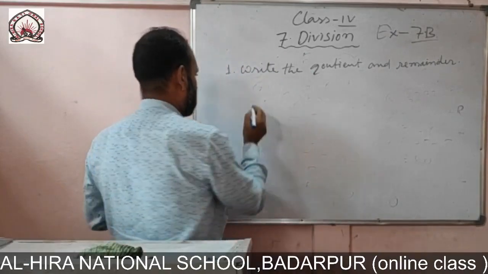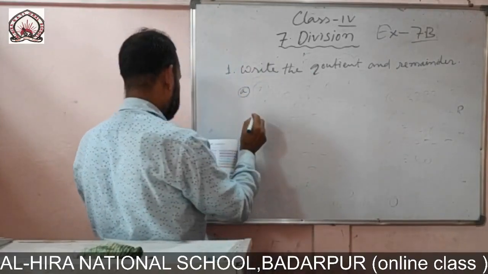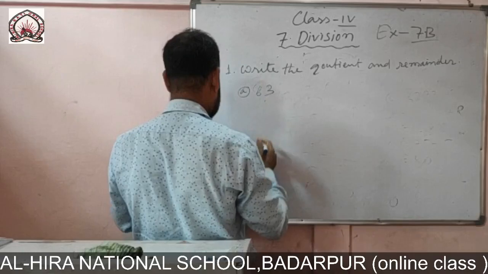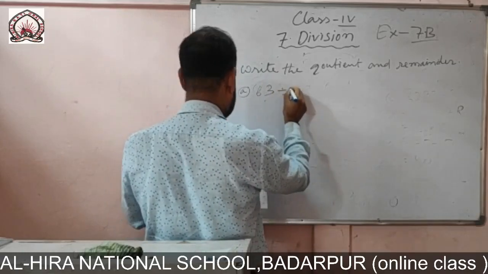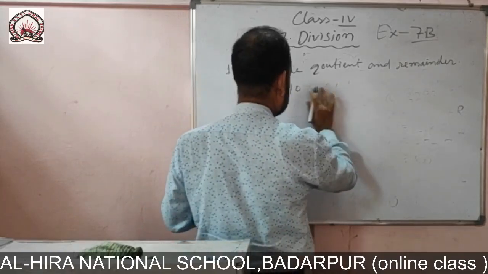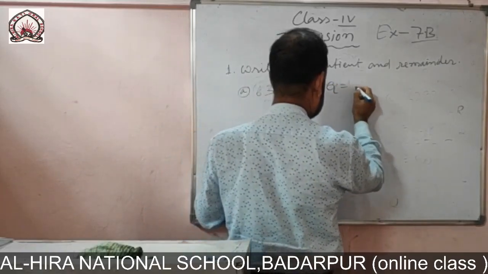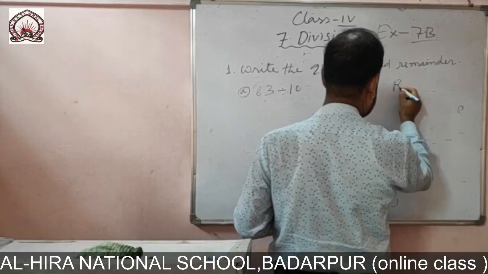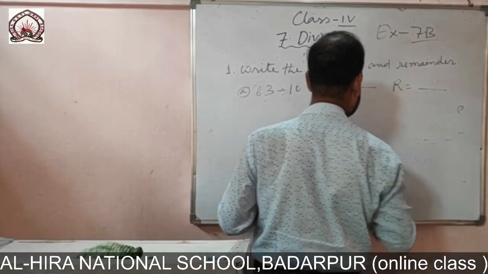So first question number A, 63 divide 10. Q equal to dash, R equal to dash.